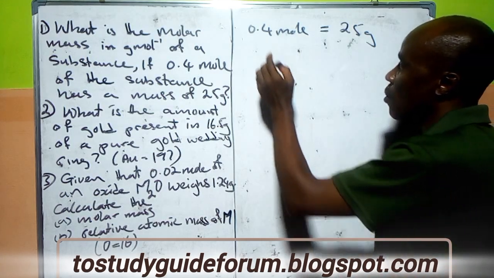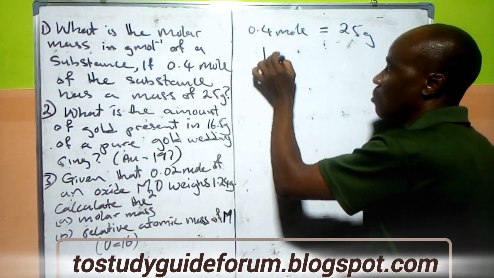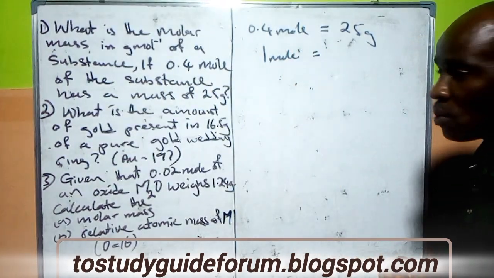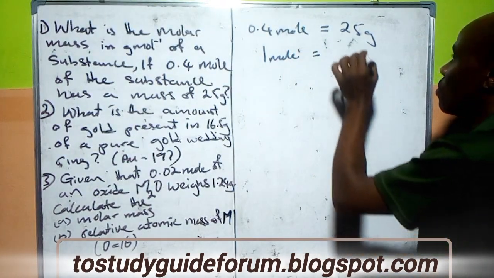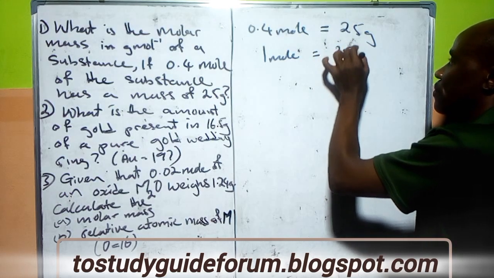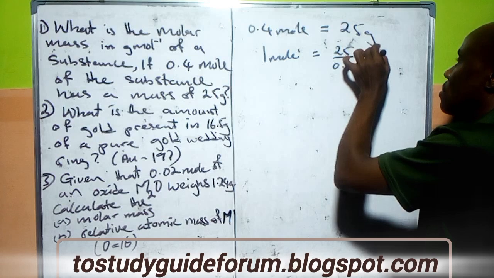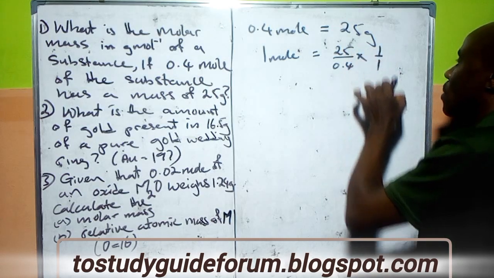Now, what will the 1 mole be? Because 1 mole is equal to the molar mass. We know that 1 mole is equal to molar mass. What it simply means is that 25 over 0.4 times 1 over 1.